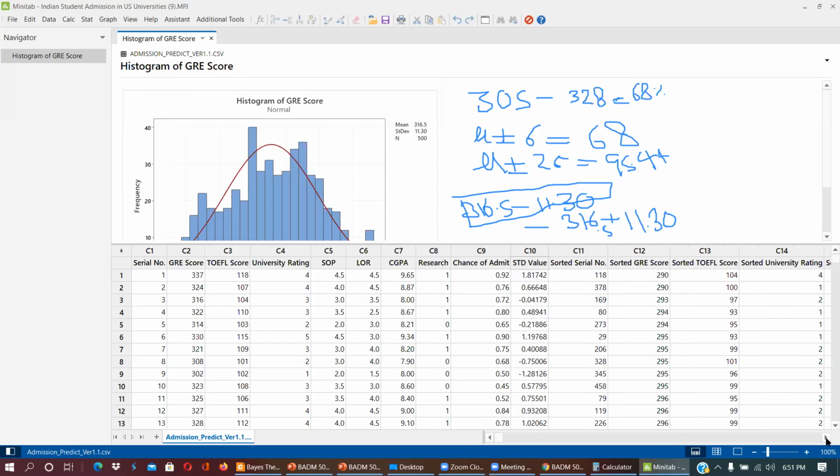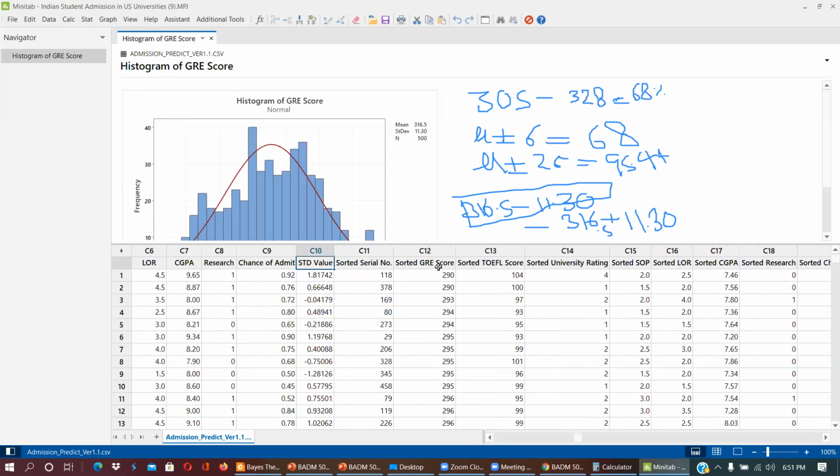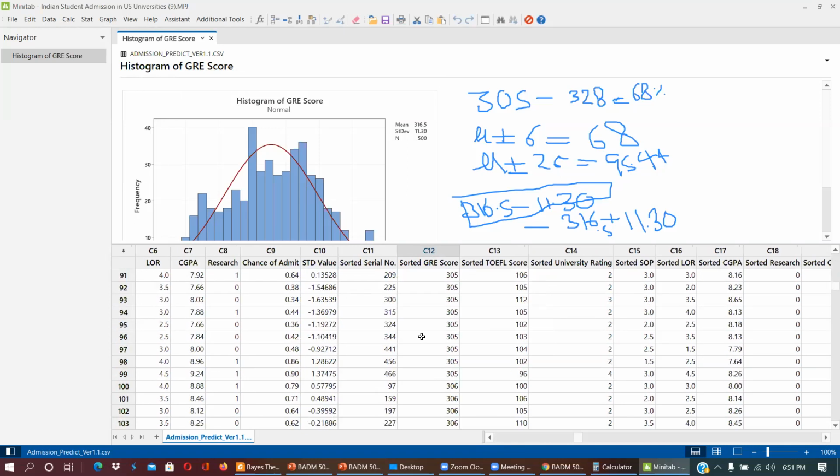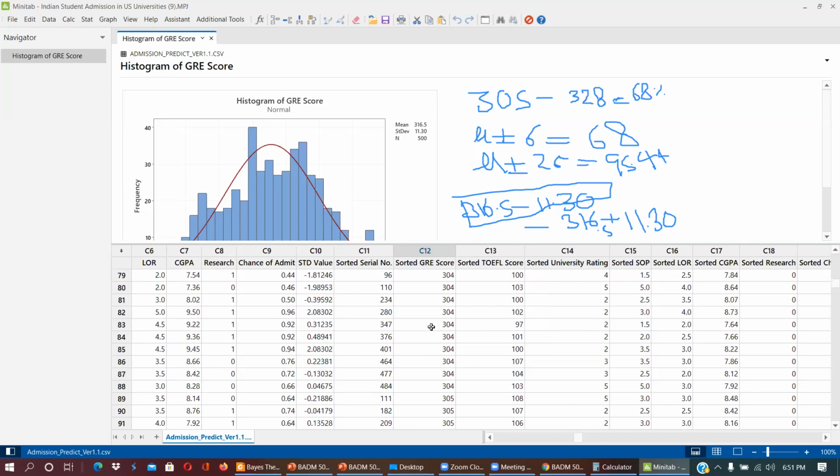Sorted. Here you can see GRE score. This is the GRE score. And let me see where we have the number 305. Okay, 305 starts from the 89th. Can you see the 89th number? So the 89th entry is 305.